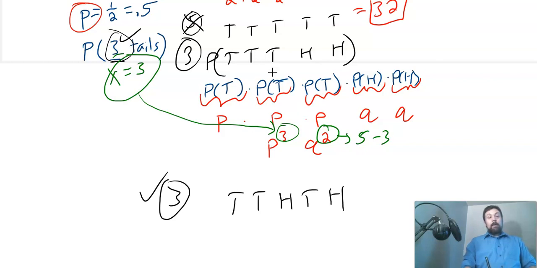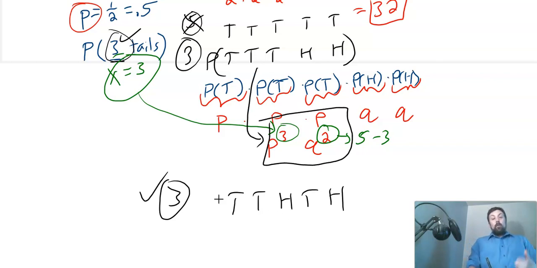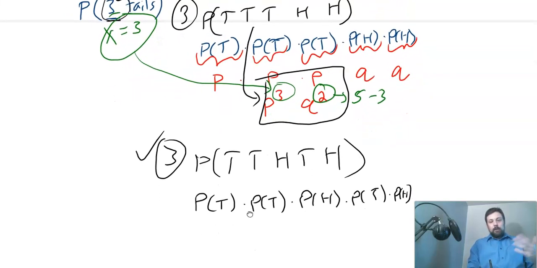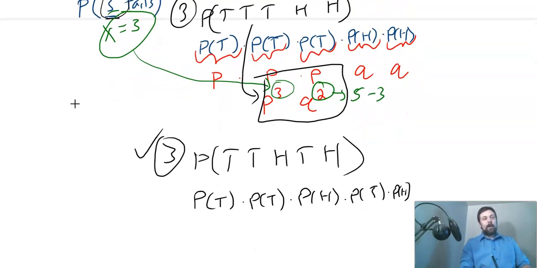So the probability of this particular thing happening is this. What about this one? What's the probability of this happening? Well, it's going to be the same. It's just in a different order, but this will be the probability of tails times the probability of tails times the probability of heads times the probability of tails times the probability of heads. And again, instead of using 1/2 because they're all equal to 1/2, we'll use P's and Q's here.